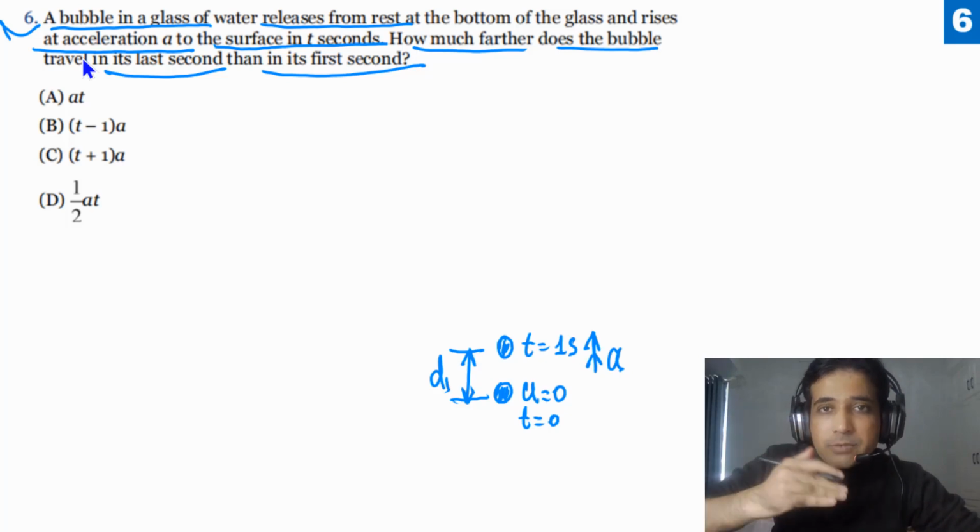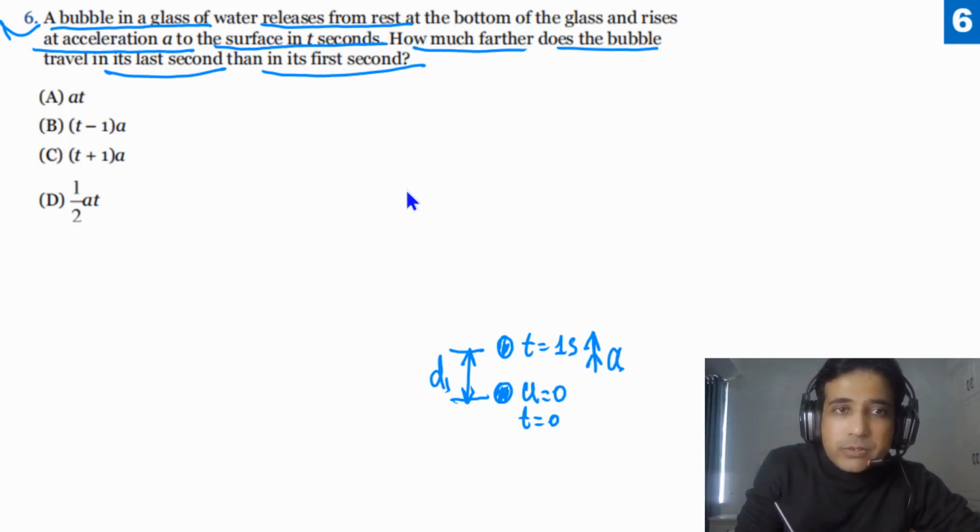Now we can imagine the last second. Let's say the bubble is at this point, and finally the bubble reaches this point in the last second. This distance will be greater than the initial distance because it has constant acceleration. In the last 1 second, here we have time t minus 1, and the final time is t.